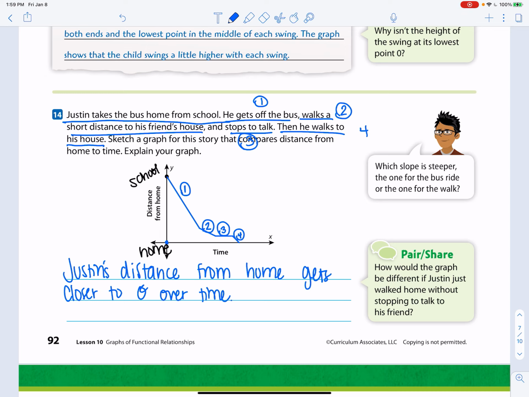Because when we start off our graph, we start all the way up here when we start at 0, right? When he's at school. Then as time goes on, as time goes forward, the graph actually starts sloping down, meaning that the distance is decreasing as time is increasing. That's very important.